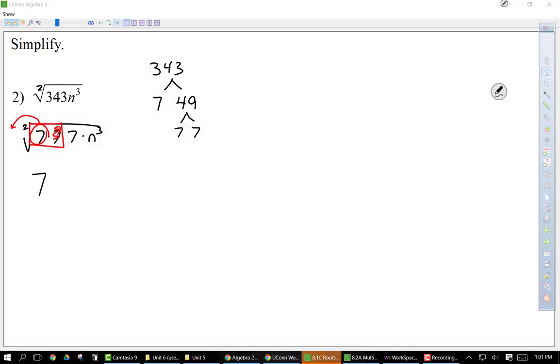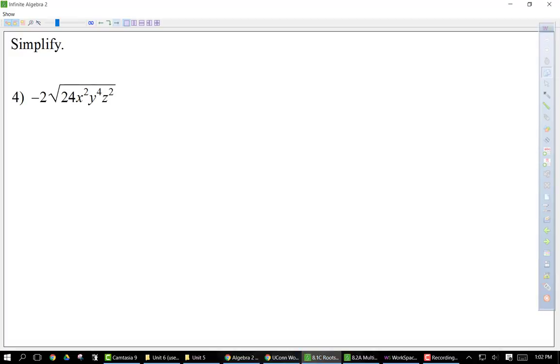I took 1 7 out. This 7 here stays inside because I didn't touch it. Then, how many times does 2 go into 3? 1 time. Do I have any left over? Yes, I have 1 left over. So 7n times the square root of 7n is your answer for this one.